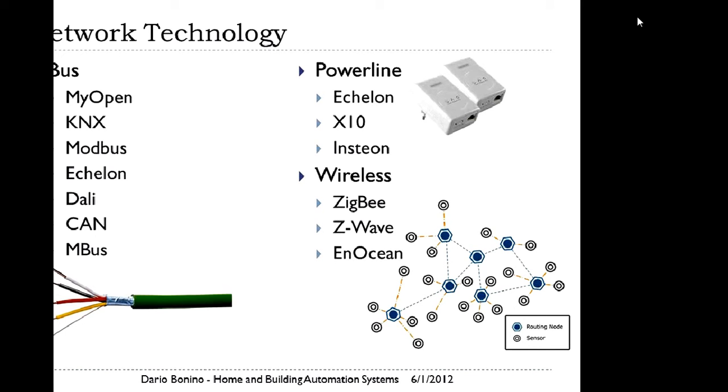The Z-Wave approach is completely different. It's a closed protocol. You need to pay for having all the information about the protocol, but it's widely diffused. So you can find many Z-Wave devices. They are quite cheap. They range around 100 euros, no more, for the most complex devices.